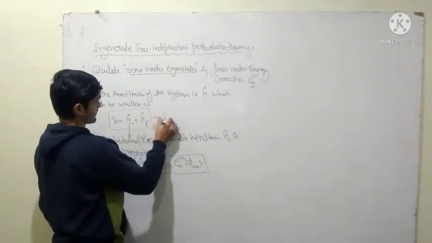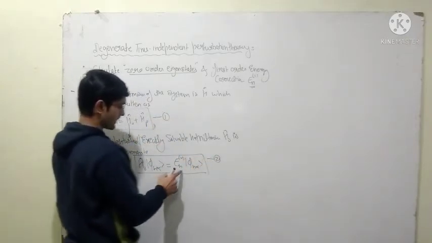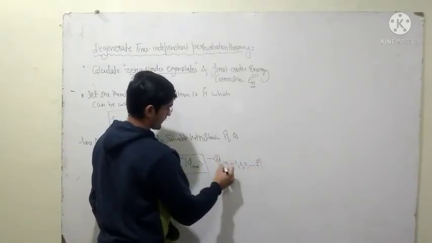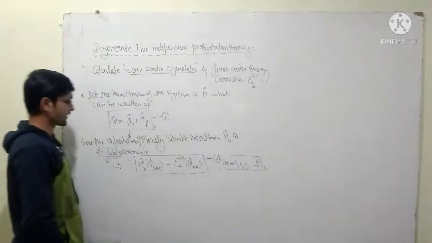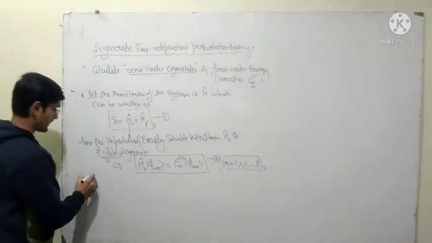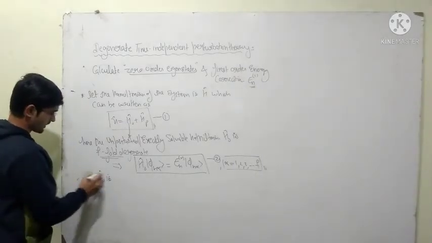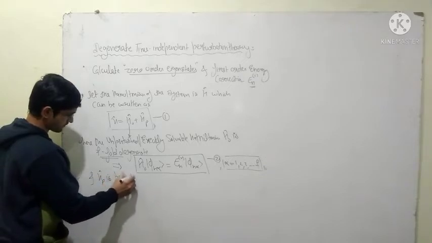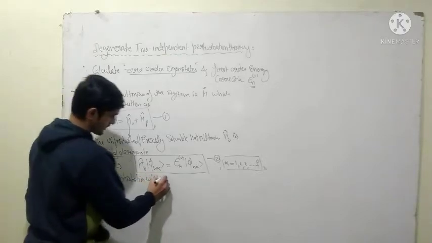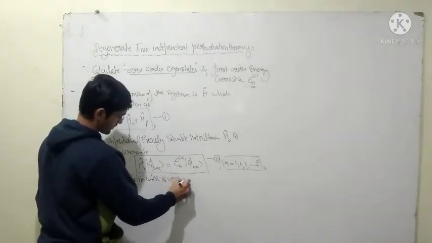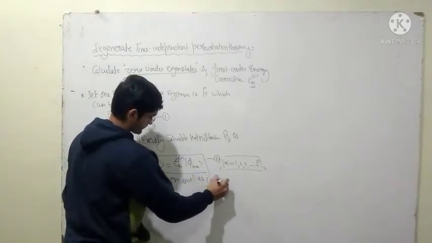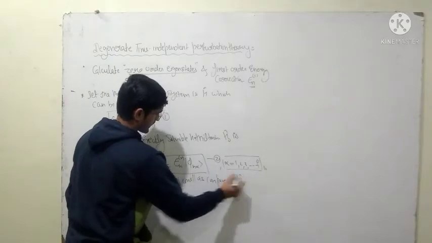So the first equation is this, the second equation is this, and here alpha is 1, 2, 3, 4 up to f, where f is the degeneracy of the unperturbed Hamiltonian, and Hp is the perturbation, which is very small as compared to H naught, right?